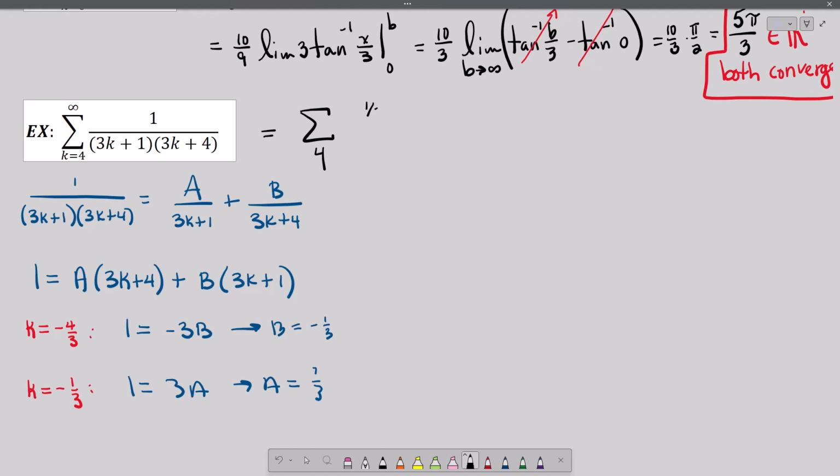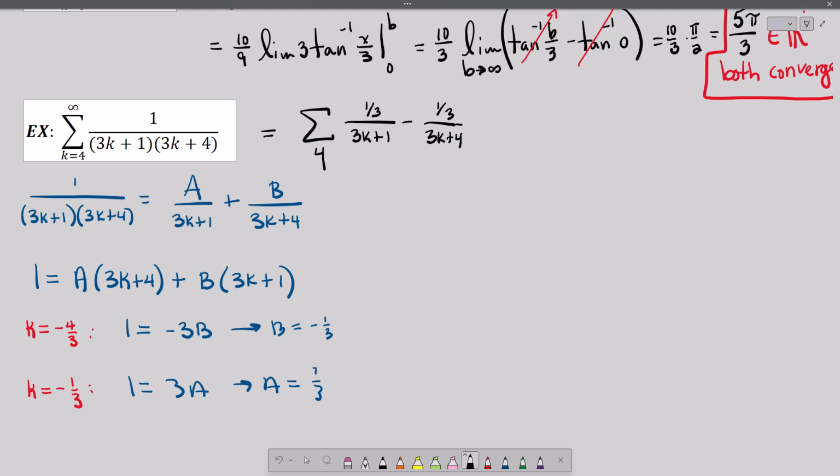So we're going to have 1/3 divided by 3k plus 1 minus 1/3 divided by 3k plus 4. And what kind of series is that? Telescoping. Telescoping, we have two terms separated by a minus. And that will be a telescoping series.